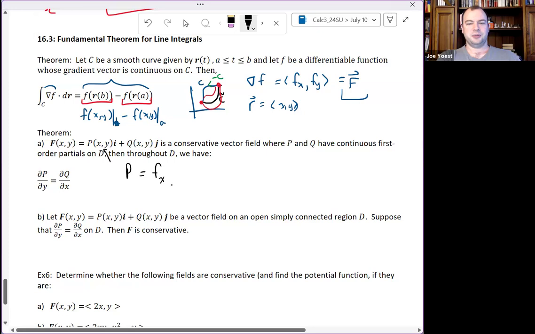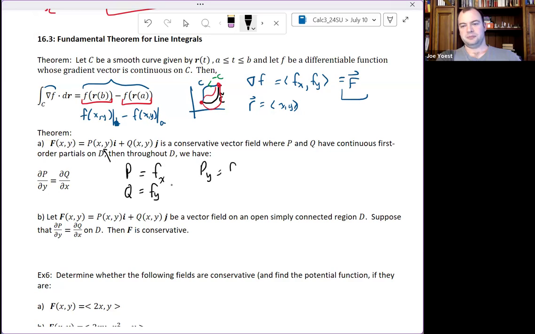Because it's in the x component, and Q should look like little f_y. So then P_y should be little f_xy, and Q_x should be, as long as the partials work out nicely, also little f_xy. Right, the order of the partials doesn't matter under some reasonable conditions. So that's why this is true.